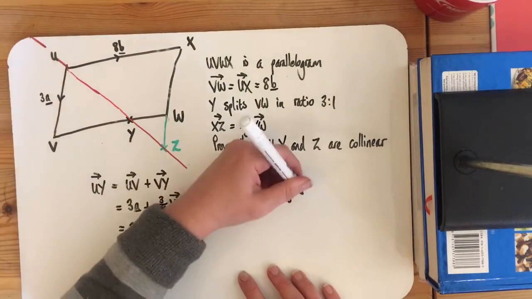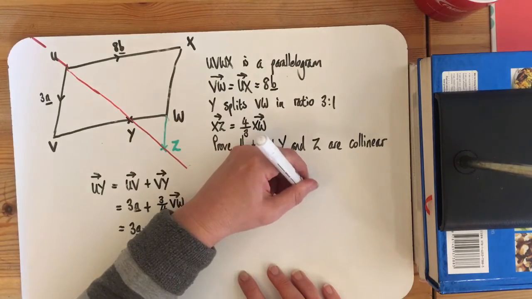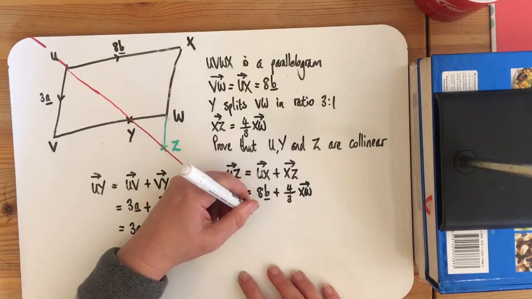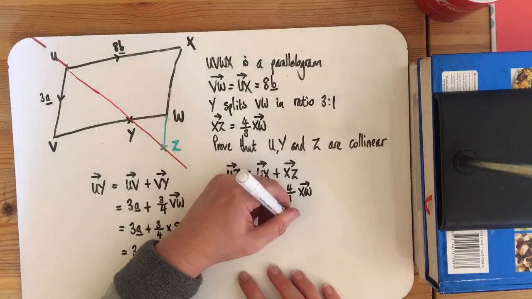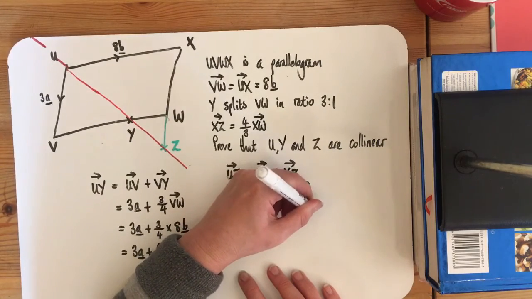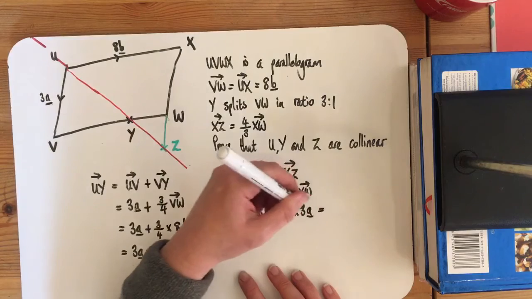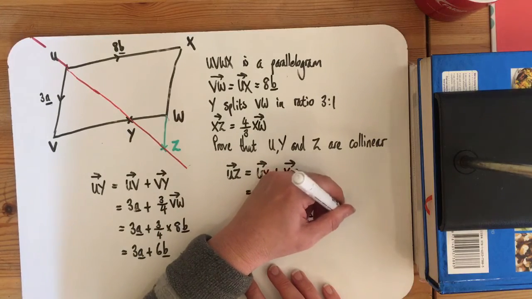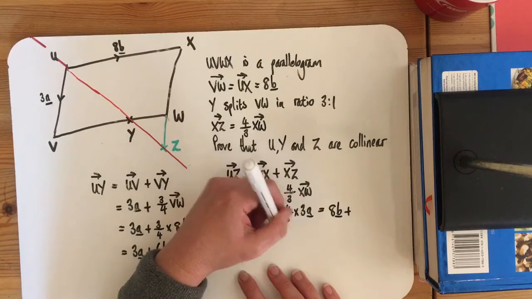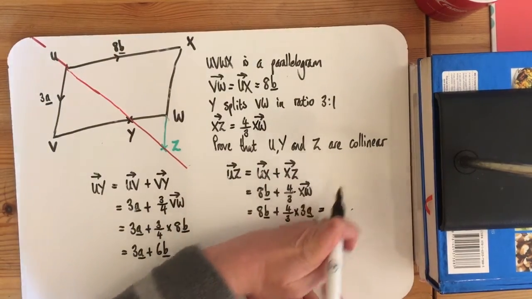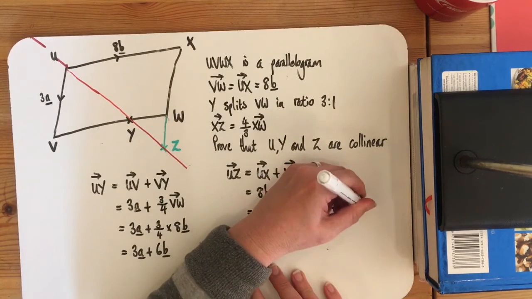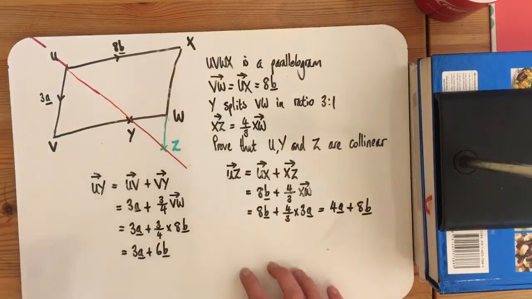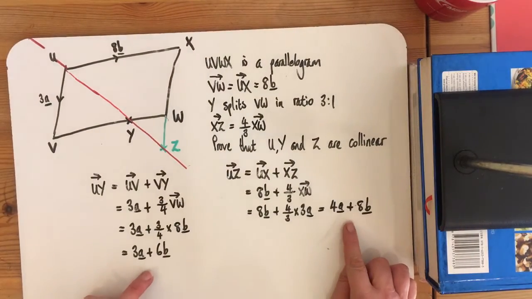And XW is 3a. So that makes UZ 8b plus 4a. Actually, I'll write that around the other way so it's consistent with my other one. So that's equal to 4a plus 8b. So from here we can see that these two vectors are parallel.